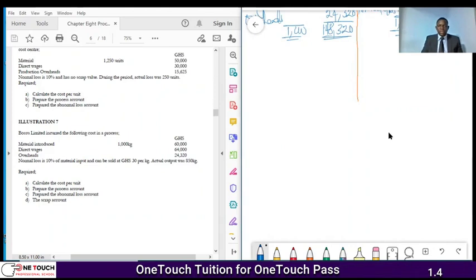The abnormal loss account. So let's see.